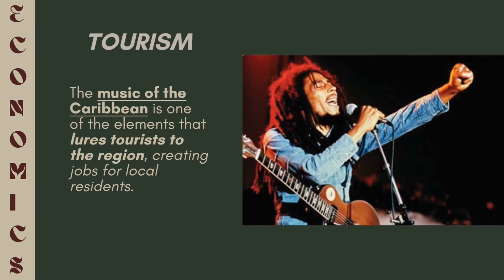Next is tourism. Music is one of the factors in tourism that really helped it prosper, because of this genre. First is reggae and calypso music that started in the Caribbean.